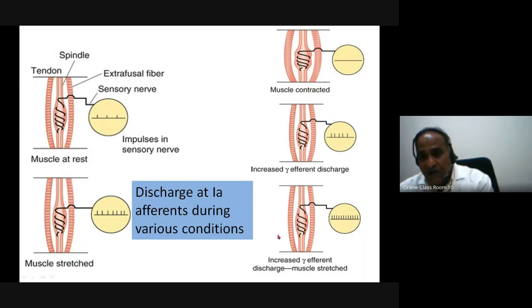Now, over and above, you add the tendon tap, the patellar tendon is tapped. Then there will be a burst of activity, and that produces this contraction. What we call the knee jerk is exaggerated. The deep tendon reflex is exaggerated. This is the basis for exaggerated tendon reflex in increased gamma efferent discharge.